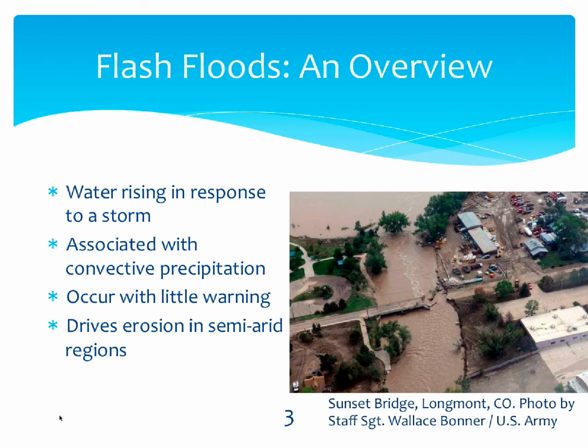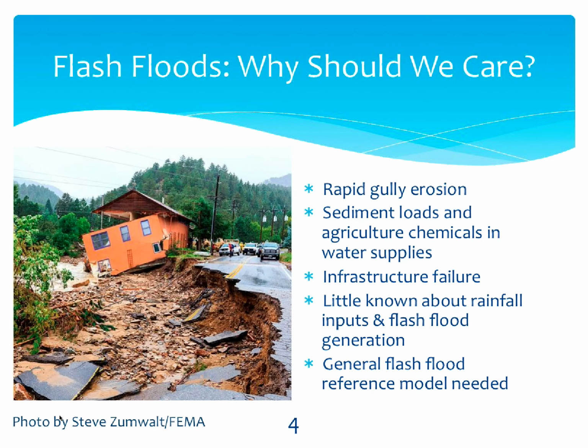This is an example of the devastation that occurred from the Boulder flood in Longmont. That's Sunset Bridge. I'm sure a lot of you were affected by that particular devastation. So that's something we should look into because we should care about infrastructure stability in a society.